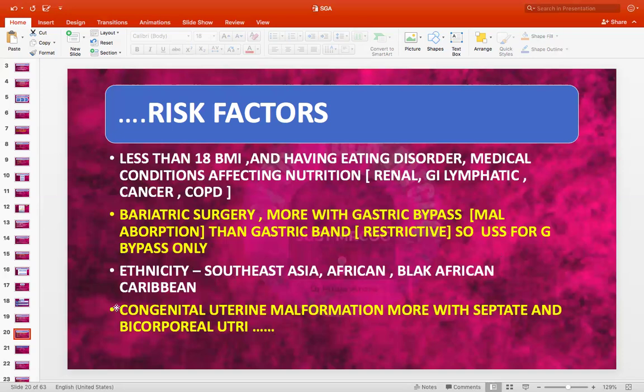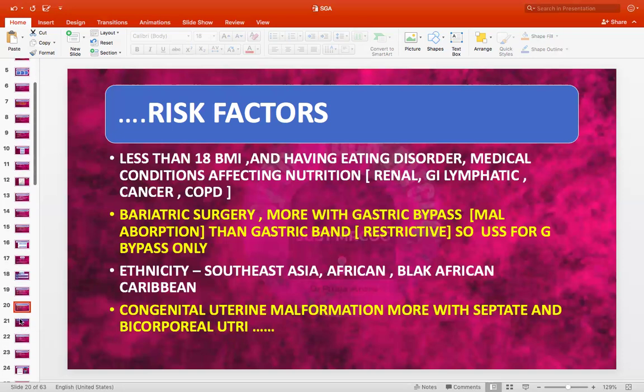So in recurrent miscarriage, if there is any congenital uterine malformation, and when you reach the second part of the task, then you will say this is also responsible for FGR or small for gestational age. So we are going to offer repeated monitoring of estimated fetal weight or fetal size. Because the patient is coming with recurrent miscarriage, right? So how are you going to monitor her?